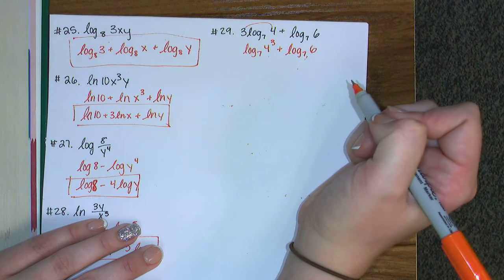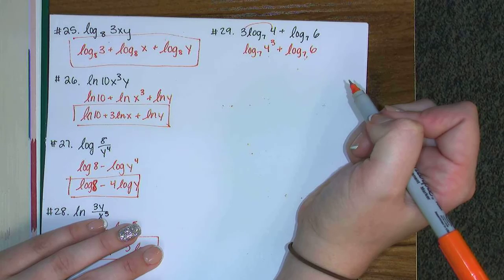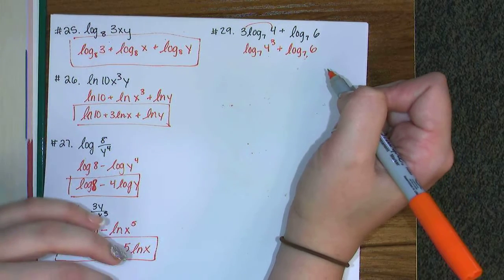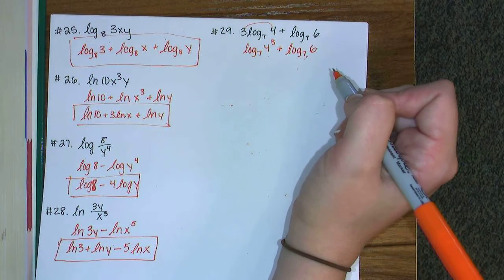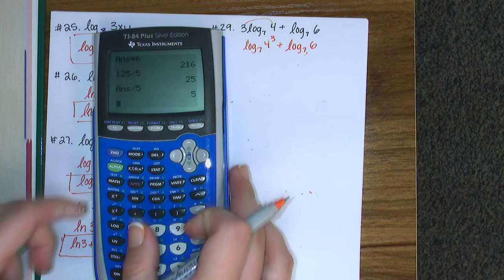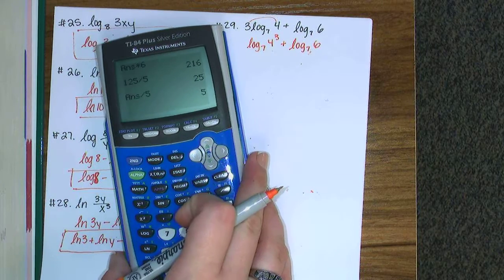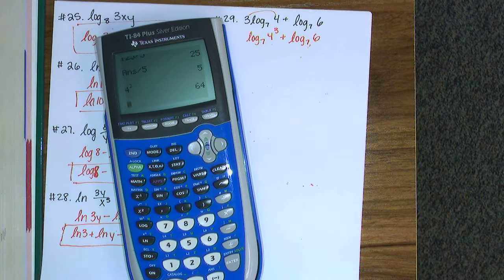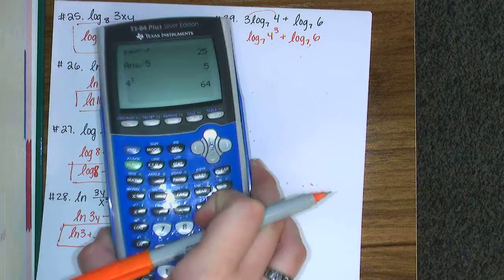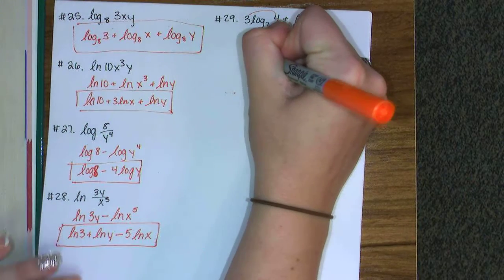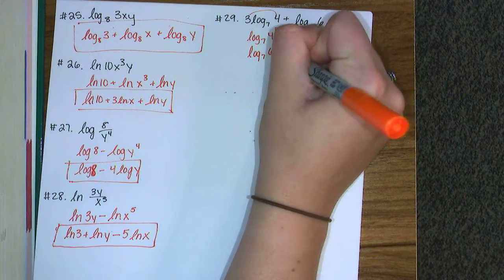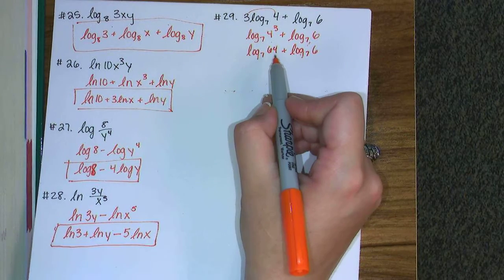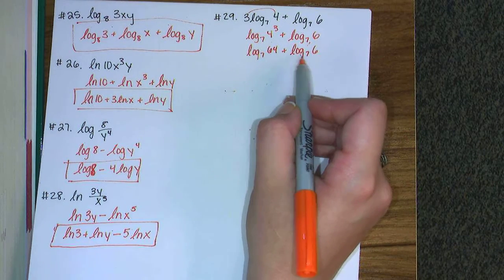Because of issues that I saw happening in your homework, I would recommend, so that you don't forget to do it, that you go ahead and do this 4 cubed. That's 64. So I would rewrite this as log base 7 of 64 plus log base 7 of 6. Because now I have the sum of logs, meaning I'm going to take the product.